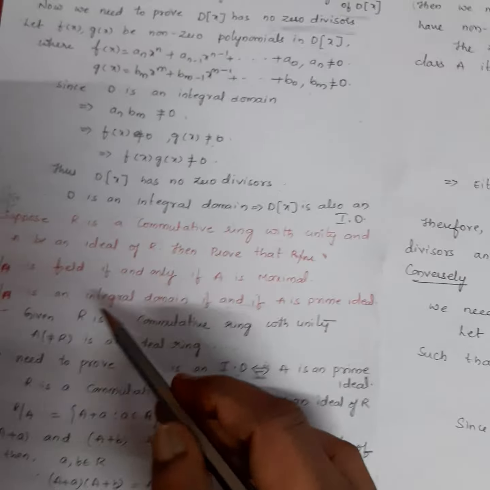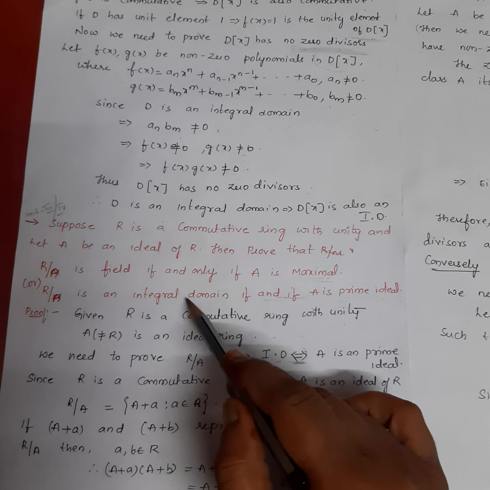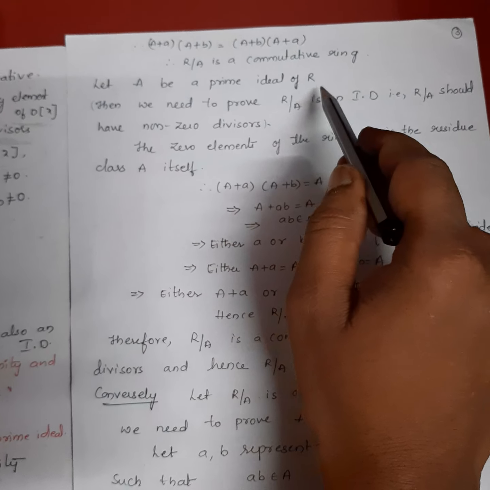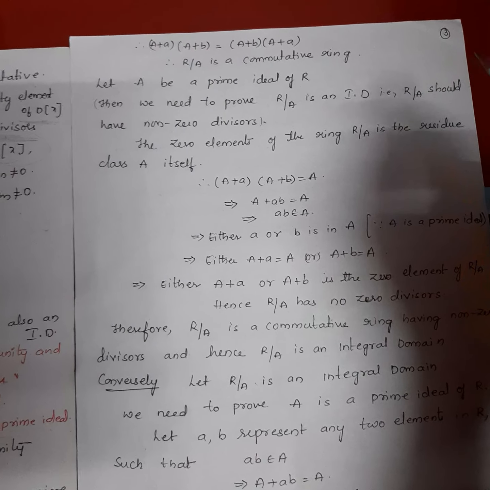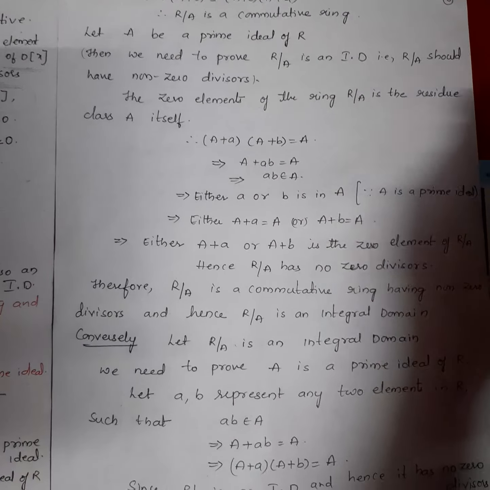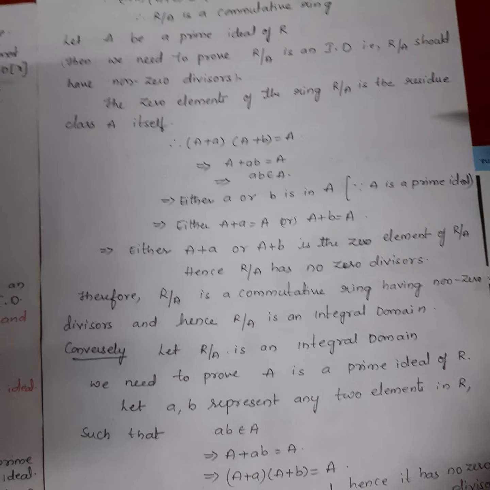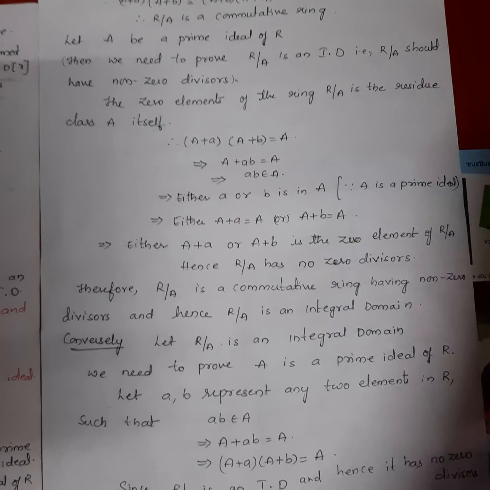To prove R/A is an integral domain, first of all we prove R/A is a commutative ring. Now we assume A is an ideal of R and we are proving R/A is an integral domain. What is the integral domain definition? As I discussed in the previous classes, it should have no zero divisors.